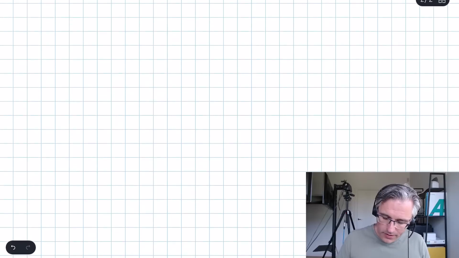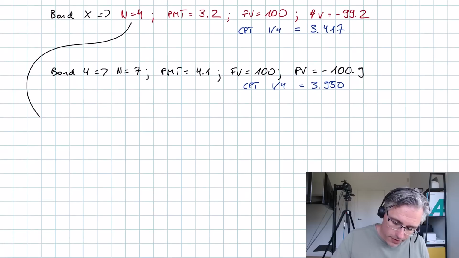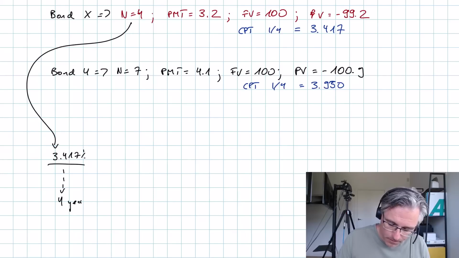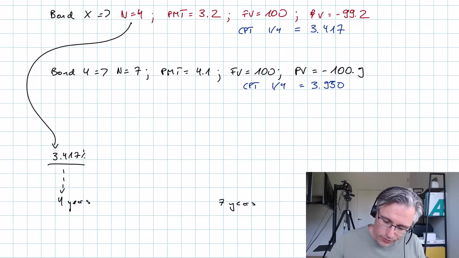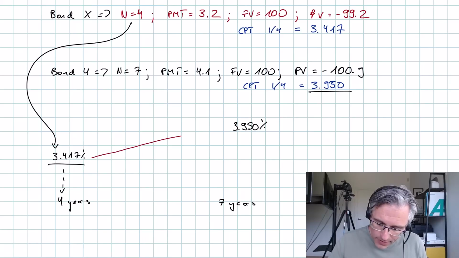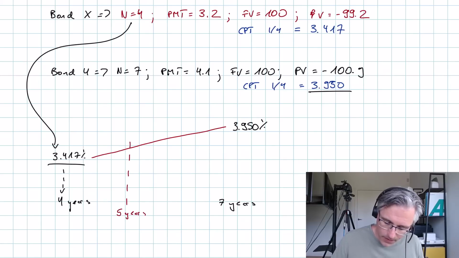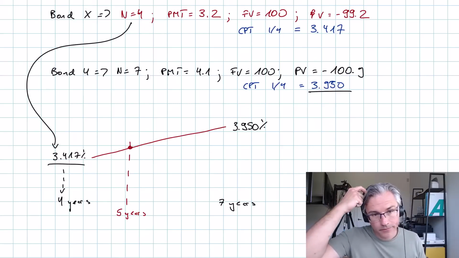And the idea behind this is to say, if you've got a bond that has 4 years to maturity and a yield of 3.417%, that's for the 4-year bond, and you've got another bond with 7 years to maturity, whose yield, which we just computed, is 3.950, then surely we can at least estimate that the yield on the 5-year bond can be derived from the two that we already know.